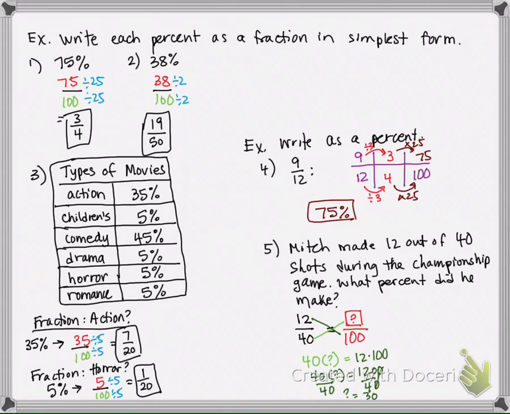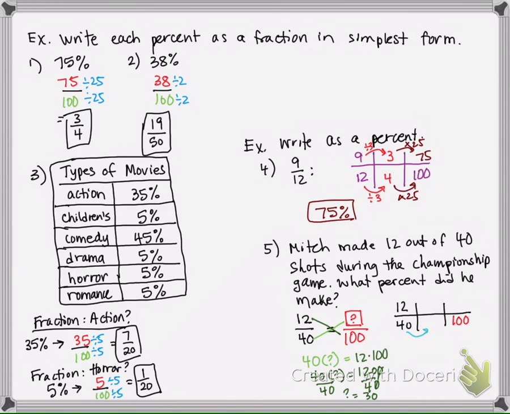But let me show you how it relates back to a ratio table. So remember, your goal is you want to get to 100. You can't do it from 40, so we got to figure out an alternative way. So 4 goes into 100, but if I divide by 10, it doesn't go into 12. Let's see, 10 goes into 100. I can divide both of those by 4. There's my goal. That's what I'm doing.